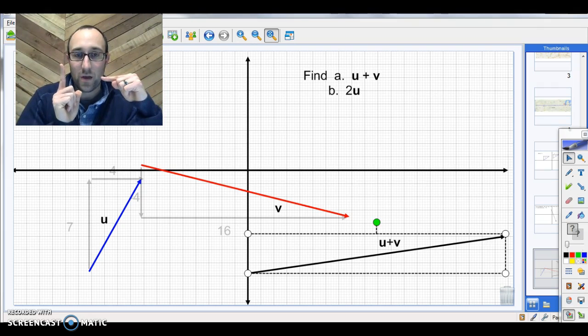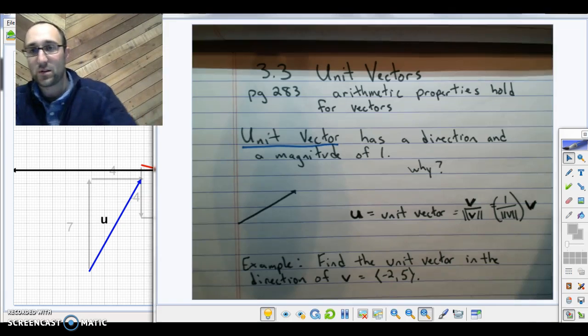If I can move 4 to the left and 3 up, then I can take my unit vector of 1 and go 4 to the left, multiply by -4, and if I want to go 3 up, multiply my unit vector vertically by going up 3. It messes with you just a little bit. So if we have unit vectors, then we can say any direction x and any number y, and we can get anywhere on the grid. Okay, so let's try this out.